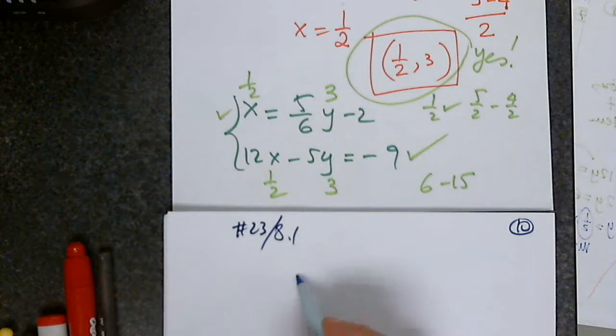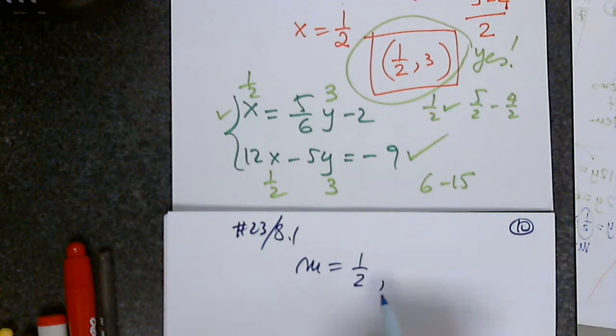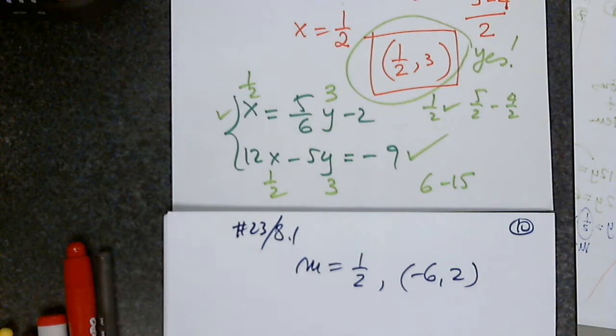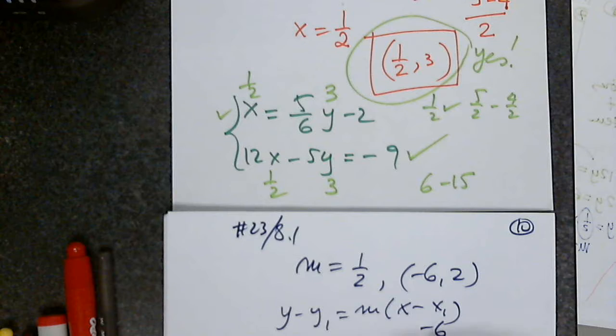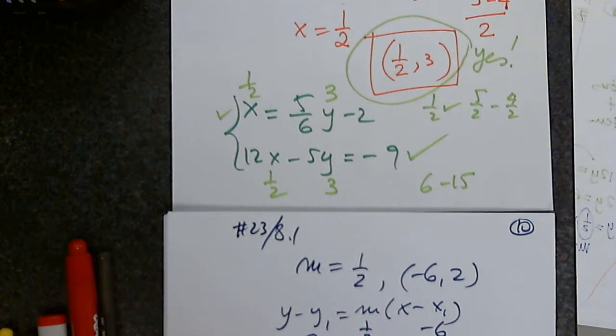So you're given the slope, which is 1/2, and a point which is negative 6, 2. So you have to use y minus y1 equals the slope times x minus x1. You plug in negative 6 here, 2 here, and 1/2 here. Yeah, we have to try to remember these three equations, the slope definition, y equals mx plus b, and y minus y1 equals the slope times x minus x1. They're very, very useful.